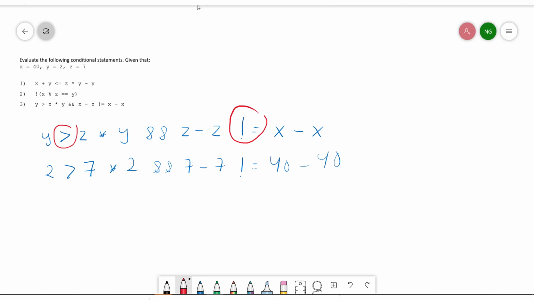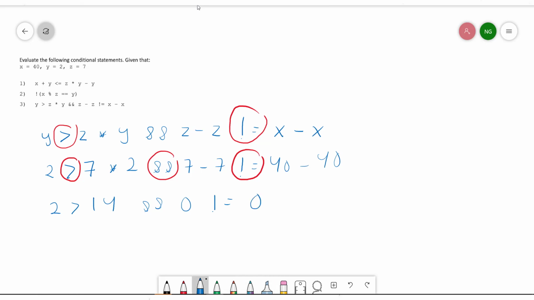So again, the comparison would be here, here, and also the logical operators would be here. So do these other ones first. Okay, so 7 times 2 would be 14, 2 more than 14, then we have ampersand 7 minus 7 is 0, not equals to 40 minus 40 is 0.